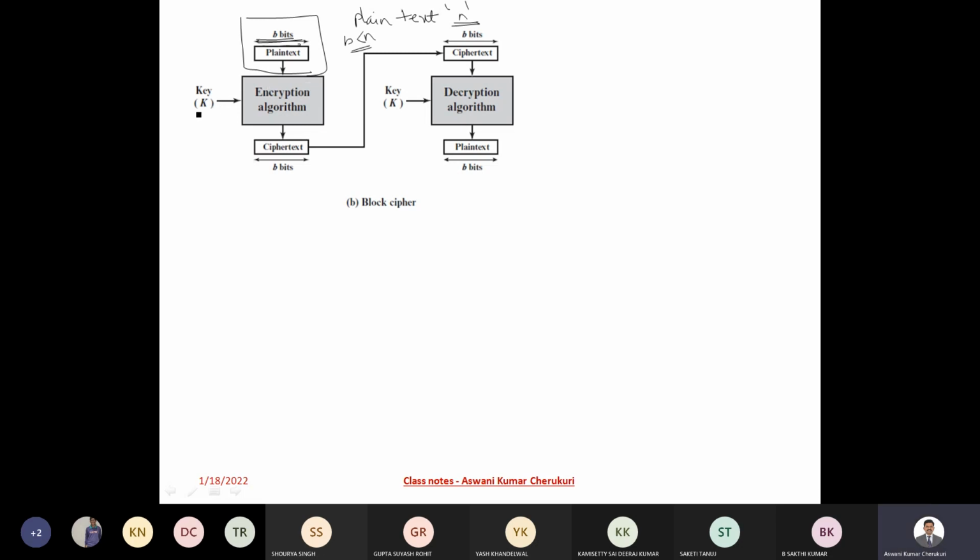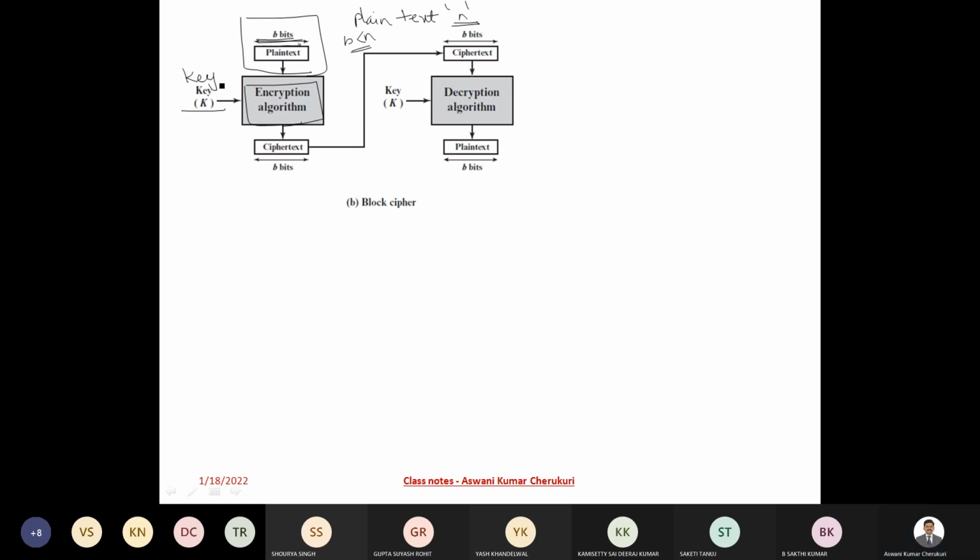So you take key blocks. That means from the key, you also divide it into blocks, and you take the key blocks and perform the encryption. But remember, what you are actually doing is you take the key as it is and submit it to that particular block.